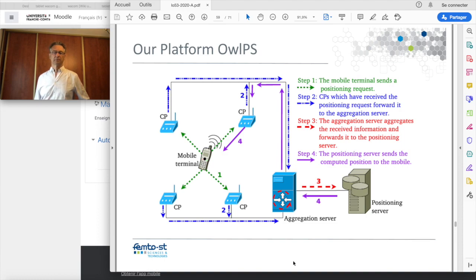And this information will be centralized on the aggregation server, which will deliver this 4 signal strength information to the positioning server, which will compute coordinates or location of the mobile device, and it will go back to the mobile in order to deliver the calculated position.